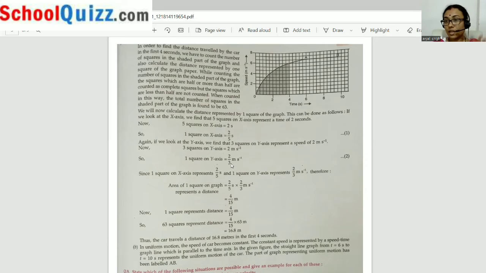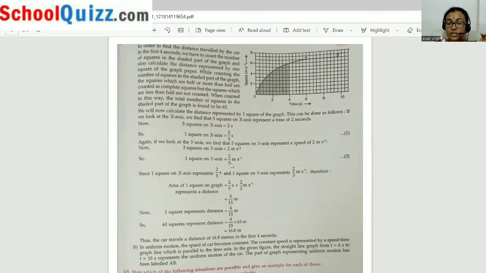Are you getting it? On the x-axis, 1 square box value is 2 by 5 seconds, and on the y-axis, the value of one box is 2 by 3 meters per second. So now we have to find the area. Area means length into breadth, which is multiplication. You'll get 4 by 15, multiplied by 63.